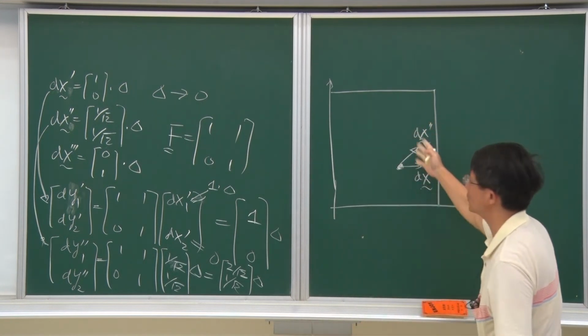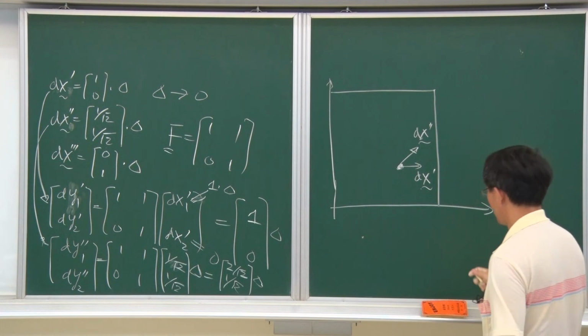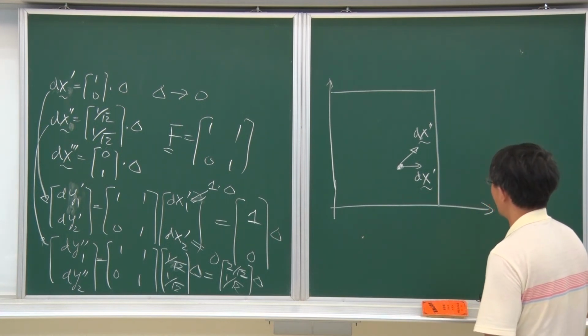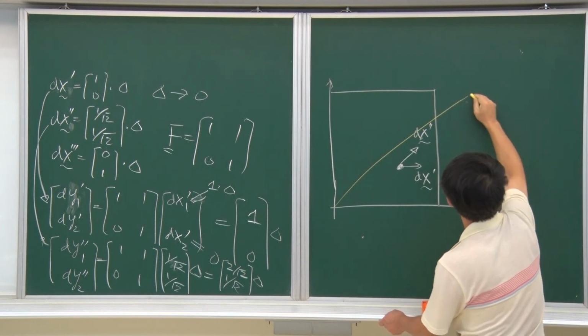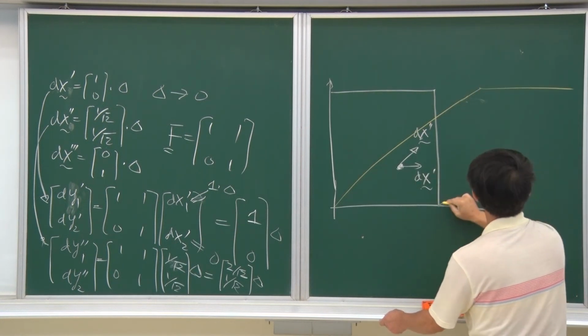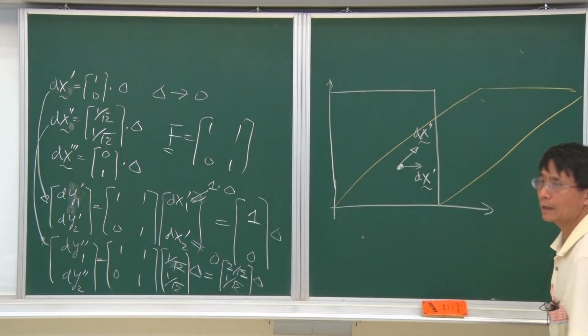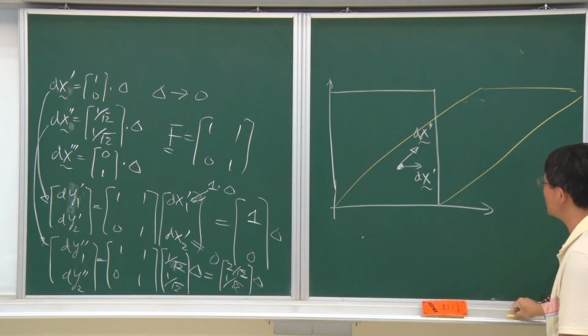Okay, we have two material lines and how they deform, and you understand that the square plate has been deformed by a shear motion.